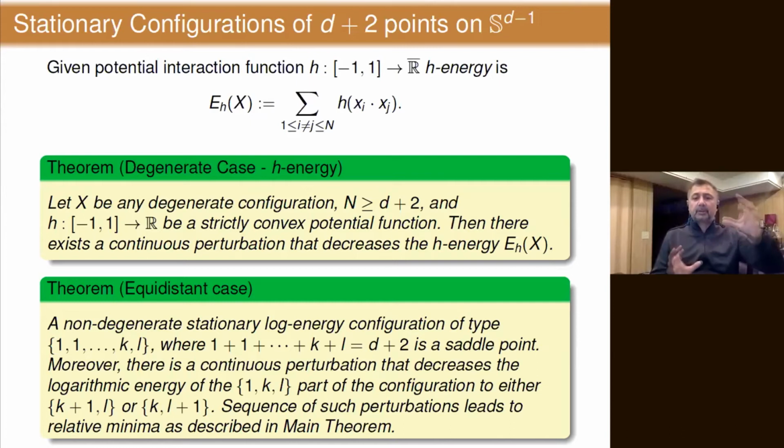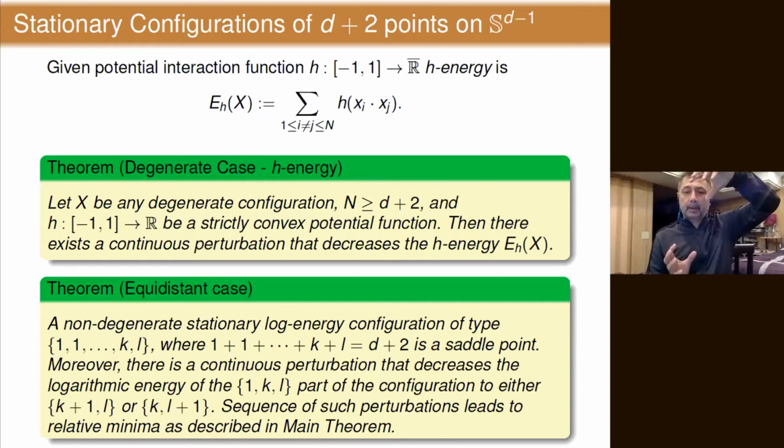So let me explain in the 3D situation. If you start with the square pyramid, if it's a log energy critical configuration, the partial derivatives are 0, then that height will have to be at minus 1/4 latitude. Okay?